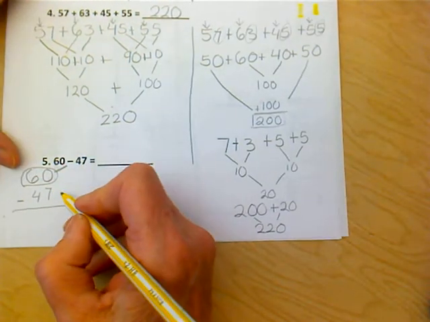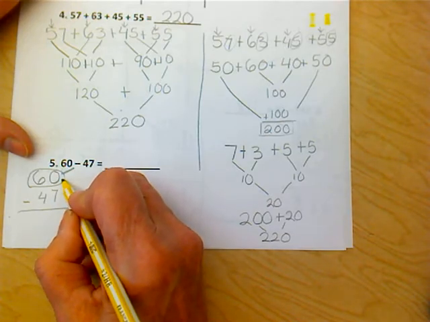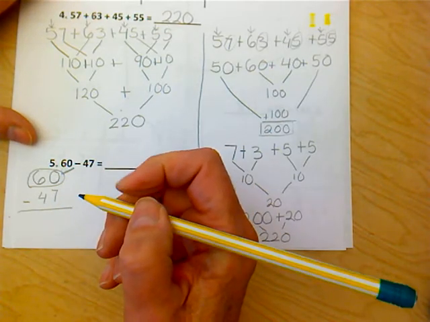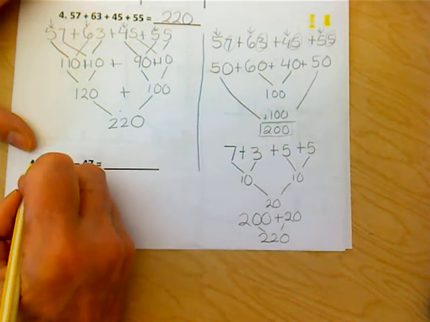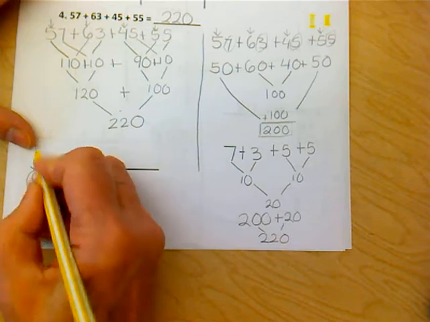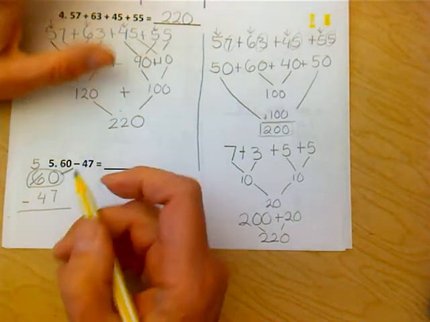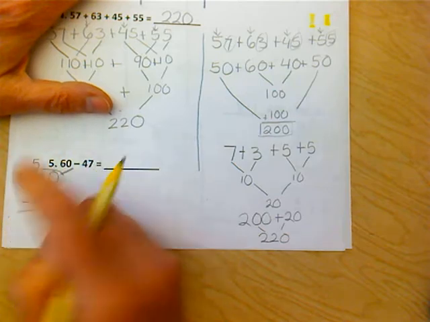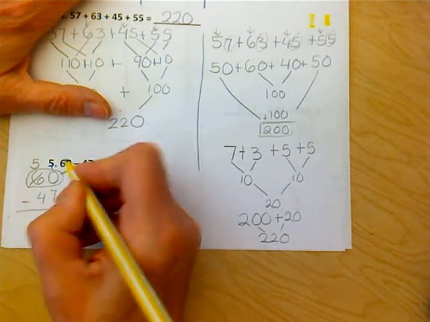I'm asking myself the question, can I take 7 ones away from 0 ones? And that would be no, so I know I'm going to have to decompose a 10. I come over to my 10s and I'm going to decompose 1 10, which leaves me with 5.